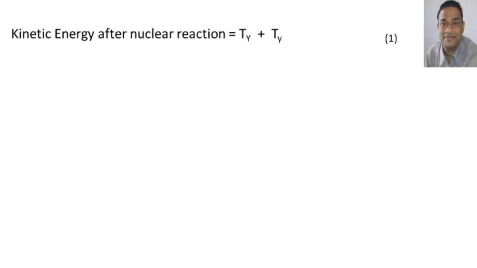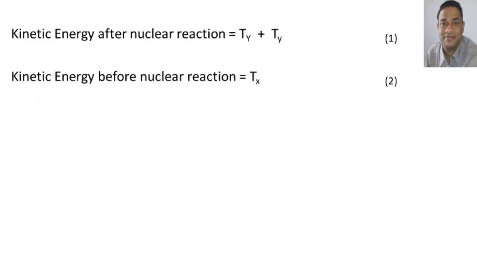So kinetic energy after the nuclear reaction means after the products are formed. So it is equal to T capital Y plus T small y given by equation 1. Kinetic energy before the nuclear reaction is T small x because the target nuclei is assumed to be at rest.